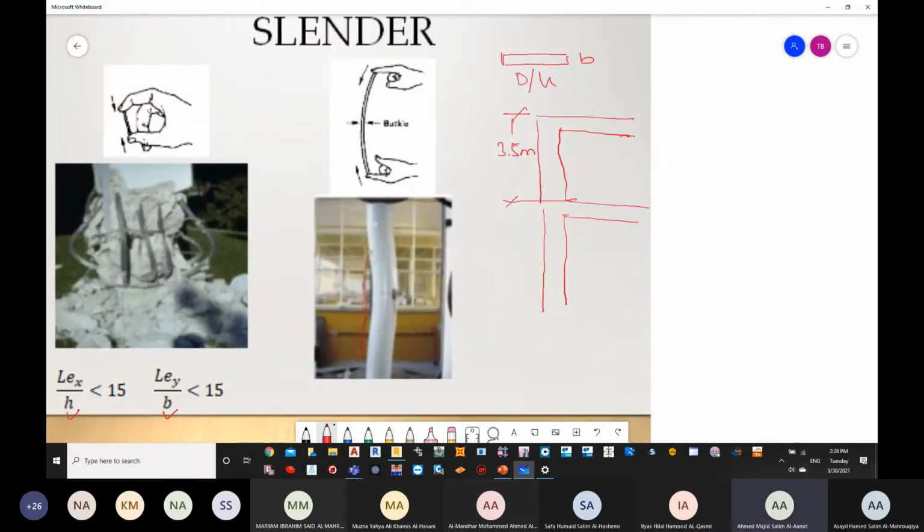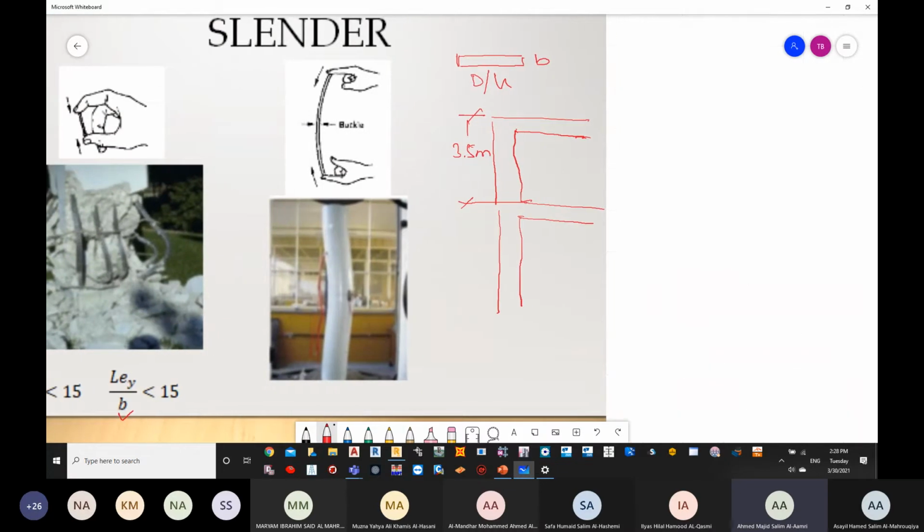The first thing you should know is that the column is always measured from the top of the floor to the top of the upper floor. It's not from the center of the floor to the center of the floor, or from the bottom to the bottom. So this is going to be my 3.5 meters.